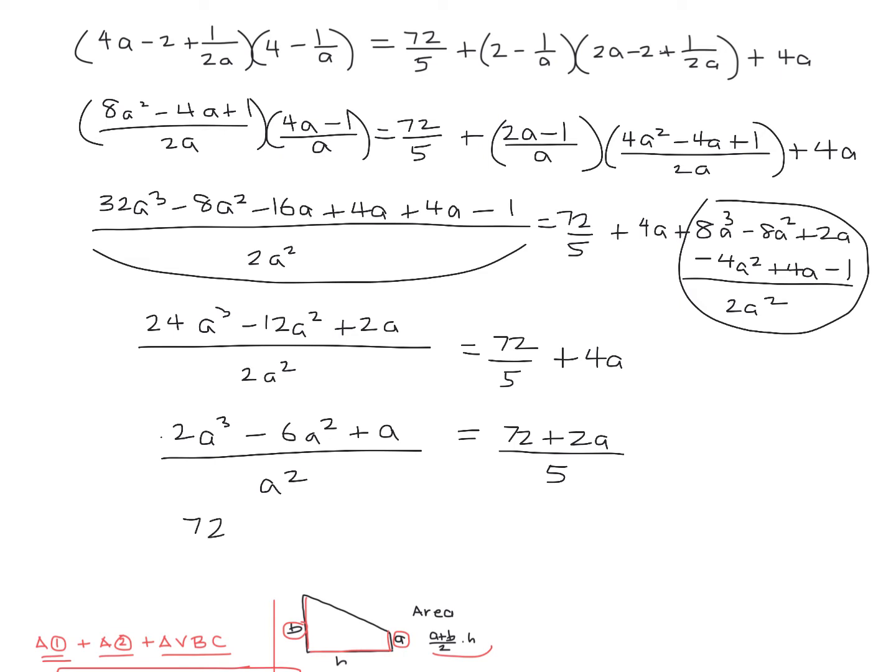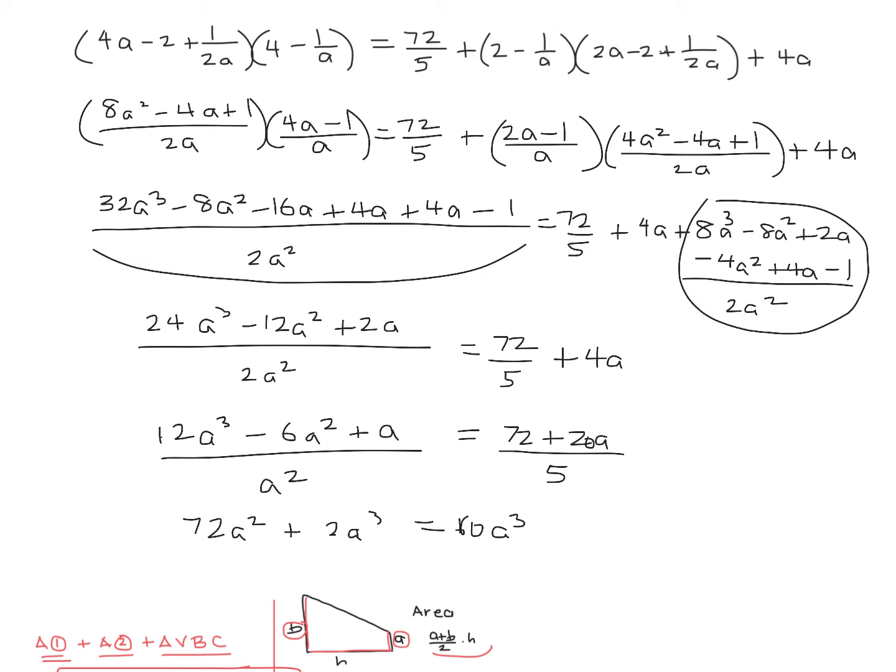You get 72a squared plus, sorry, that should have been a 20. Sorry about that. So 20a to the power of 3, and then this is going to be 10a to the power of 3, I believe. Sorry, this should have been a 12. Sorry about that. So that's actually 60.